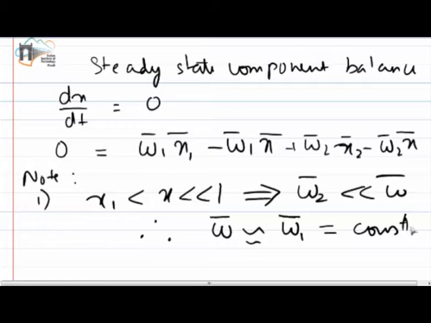Okay. So now if I simplify this equation on this first node point, I would have 0 equal to w bar x1 bar, because w1 is almost equivalent to w.